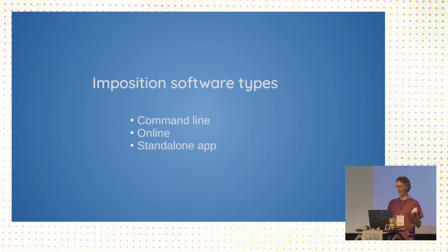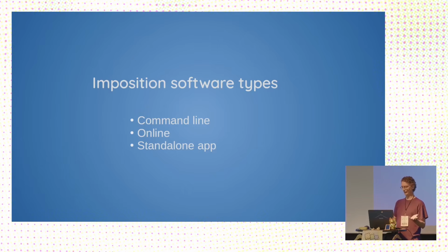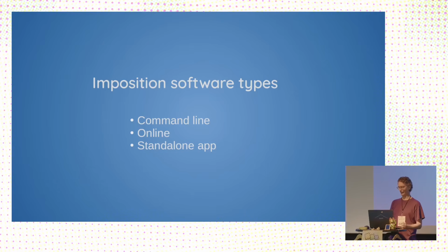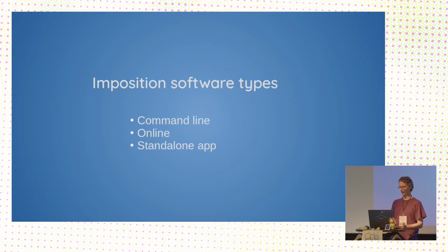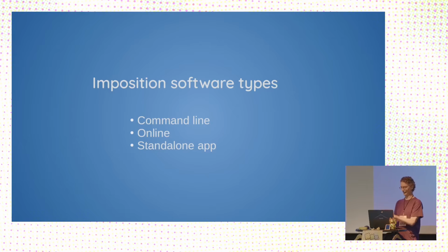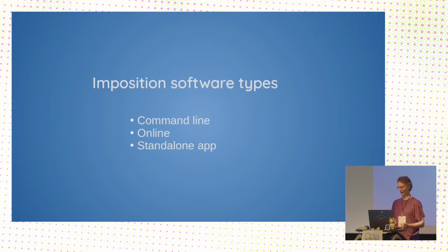So now let's talk about what software exists to perform these various feats of imposition. Historically, in Linux and open source, imposition options have been limited to command line tools like old school PS tricks and PS utils. Cups has something called PDF to PDF, which can sort of do it. Later still, Podofo Impose, which I'm a big fan of, came along.